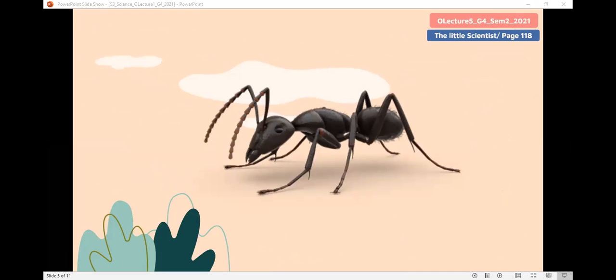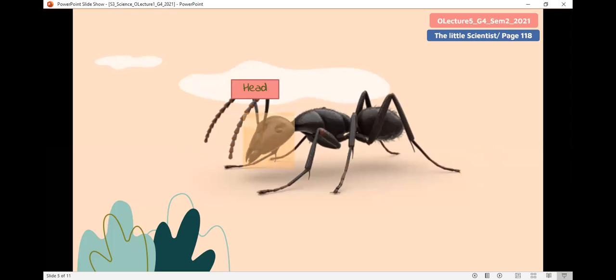How many sections is the body of an insect divided into? How many body parts do insects have? Three. What are these three parts? Head, thorax, abdomen. Perfect.